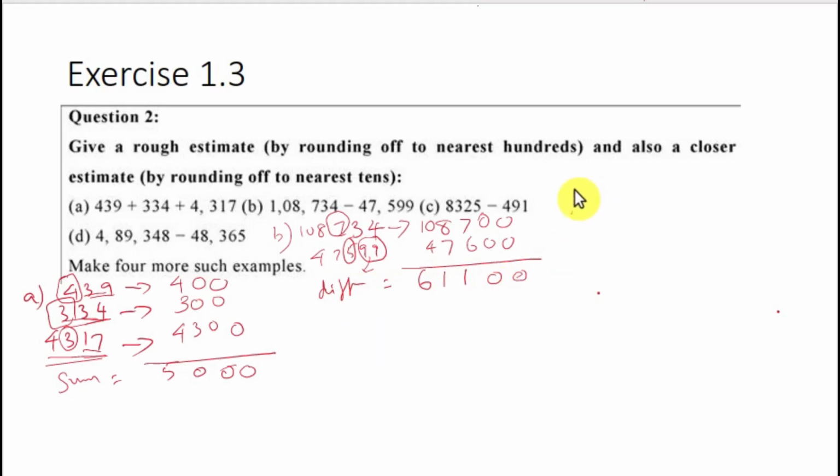Yes, here the third sum. 8325 491. 8325 rounding off to the nearest 100. So 25 is close to 0. So 8300. 491 to the nearest 100. 91 is close to 100.